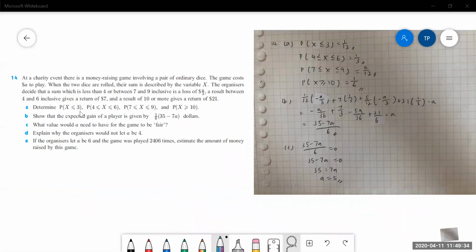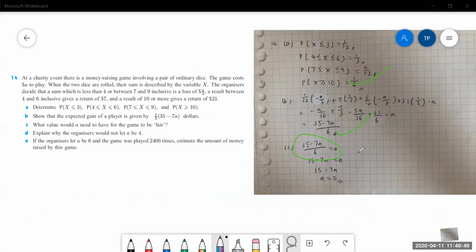Next. What would the value of A need to be for the game to be fair? Anyway, this is correct. You just have to equate to 0. But again, the presentation is very important.